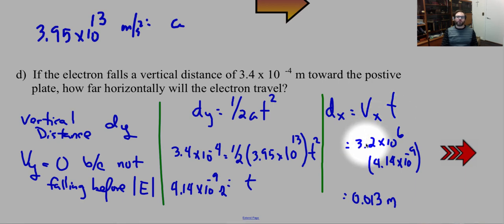So I just use my velocity from above, which is 3.2 times 10 to the 6 meters per second, multiplied by my time of 4.14 times 10 to the negative 9 seconds to give me a final answer of 0.013 meters, which the electron will have traveled. So that is the end of your lesson on electrical interaction.